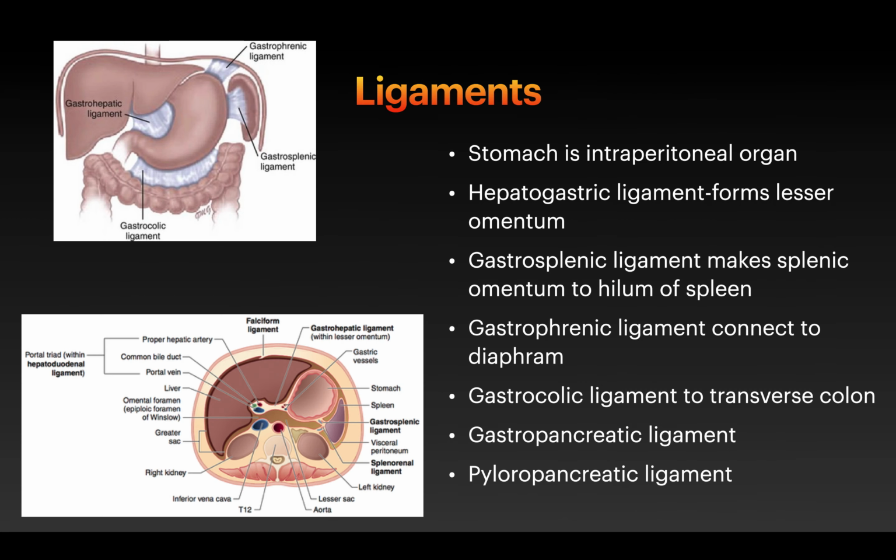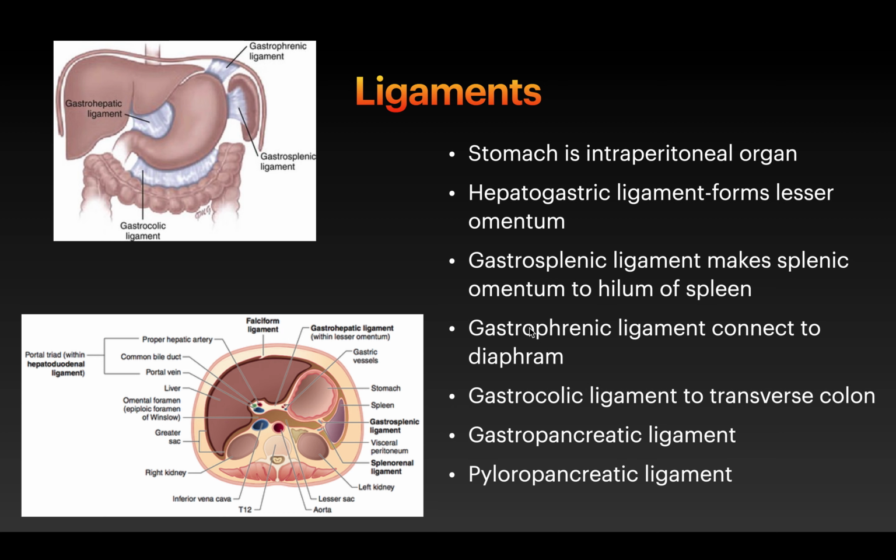Okay, so the stomach is considered intraperitoneal, and then there are all these ligaments connecting it to all the surrounding structures. So the hepatogastric ligament: hepato, liver; gastric, stomach. This connects it to the stomach and forms the lesser omentum. Gastrosplenic makes the splenic ligament, that omentum that connects to the hilum.